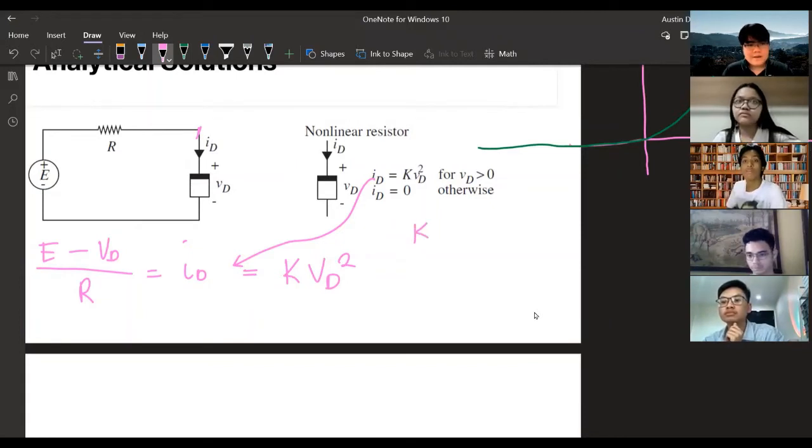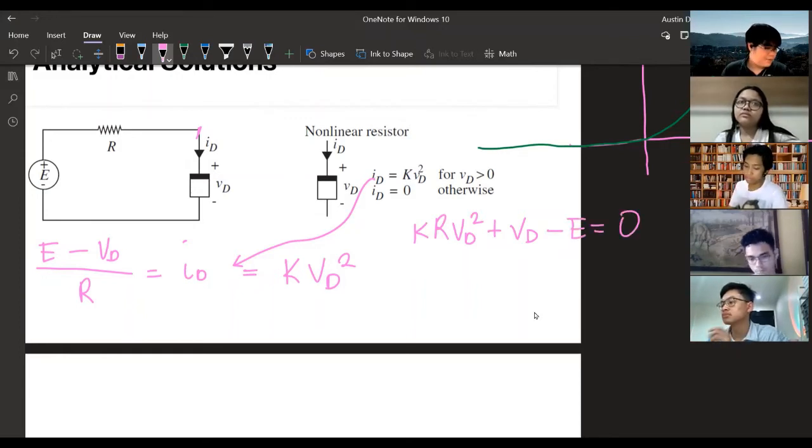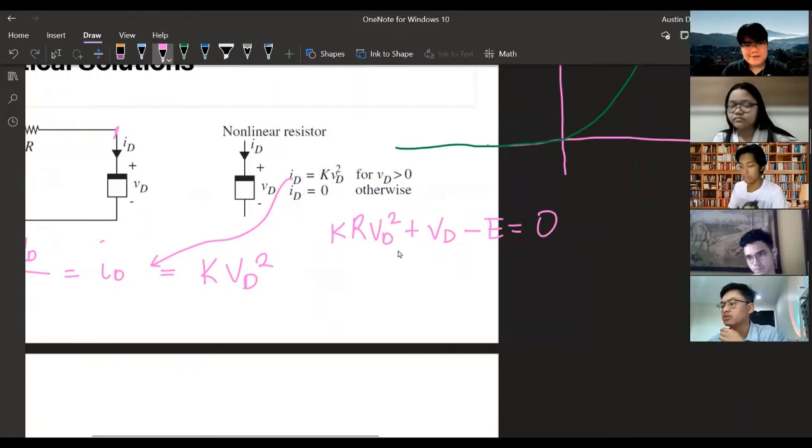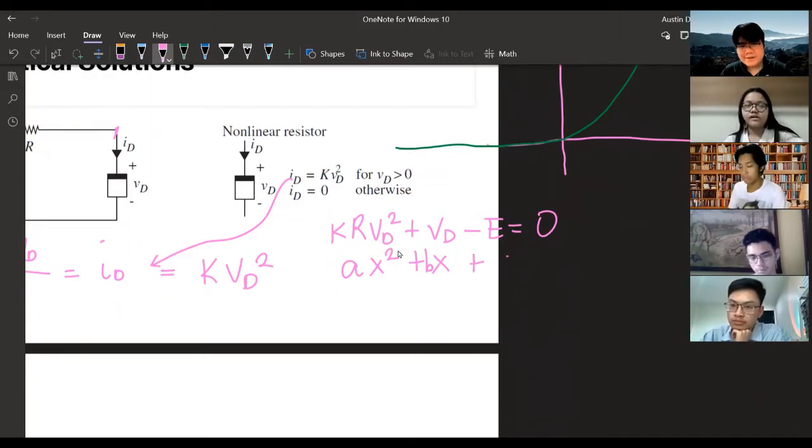A R VD squared plus VD and then minus E must be equal to 0. Nire-rearrange ko lang, no? Walang bago doon. And this sort, mukha siyang ax squared plus bx plus c equals 0.